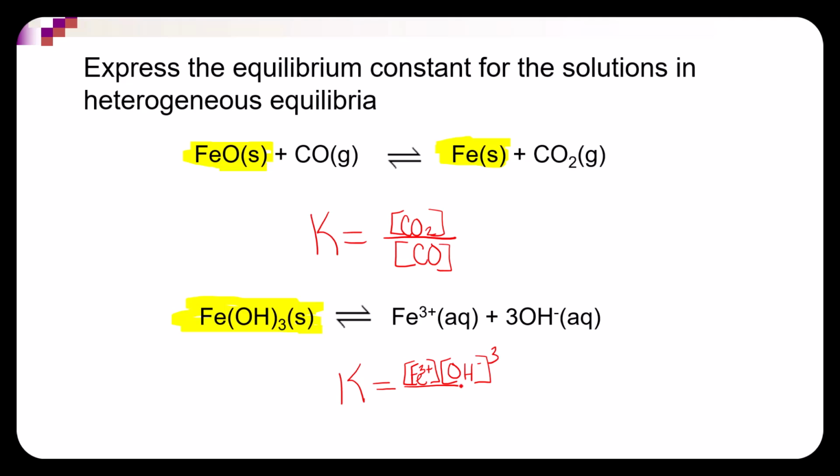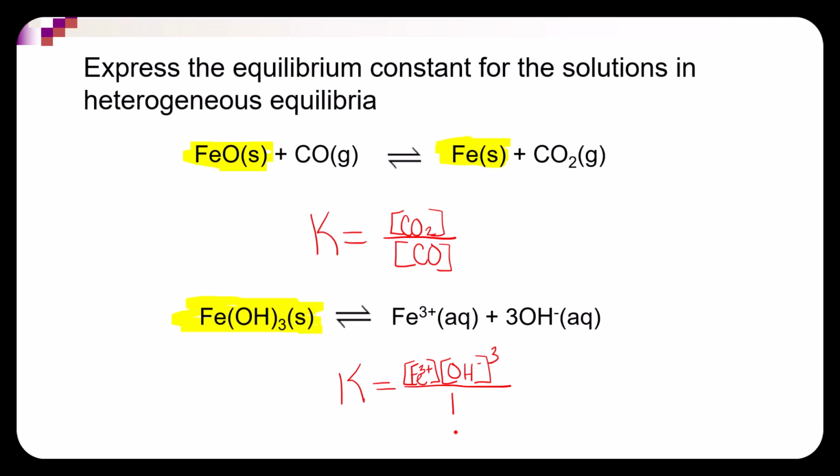And then there's nothing on the reactant side to include, so I'm just going to hold that place with a 1. So the K value for this would just be the concentration of the iron ion times hydroxide. So that's it.